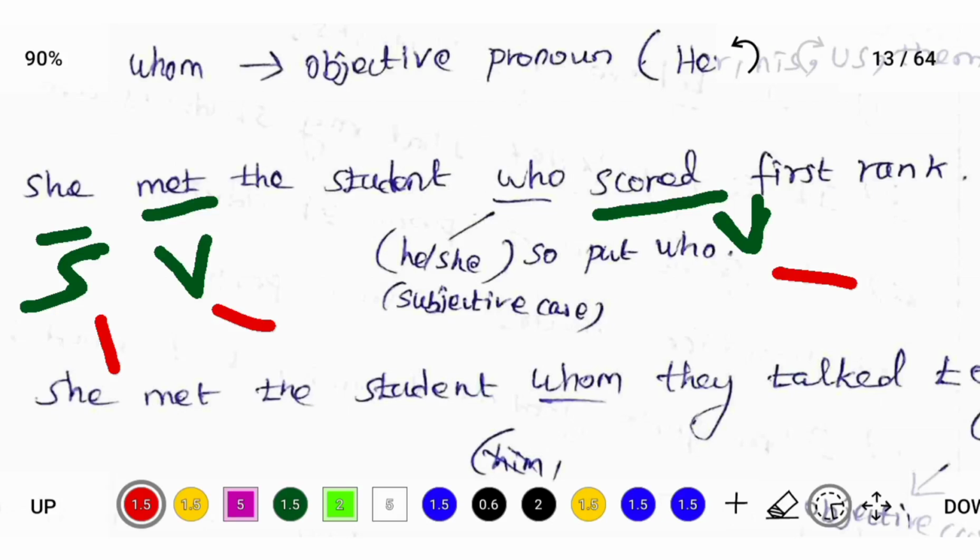We should balance both subject and verb equally. Here we need one subject for balancing the subject and verb in the sentence. We need a subject, so here we use who, the subjective case pronoun. She met the student who scored first rank.